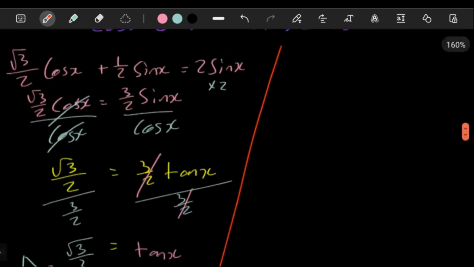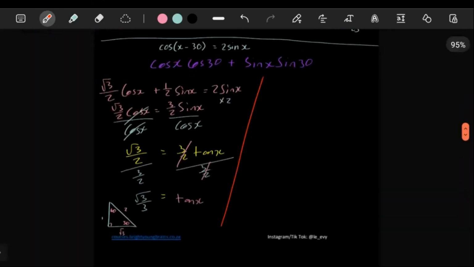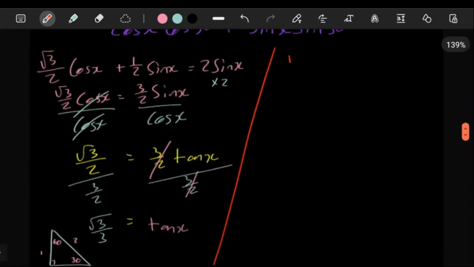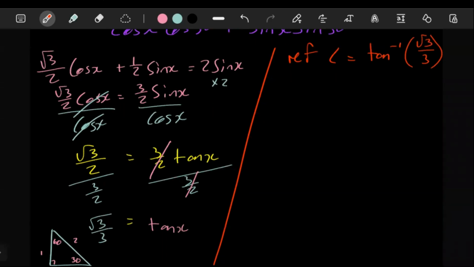So you're going to have your reference angle first. From here, your reference angle is going to be equal to shift tan, and then the number on the other side, you always use it as a plus. And then depending on the sign of the number, you'll be able to choose which quadrants you want to work in.